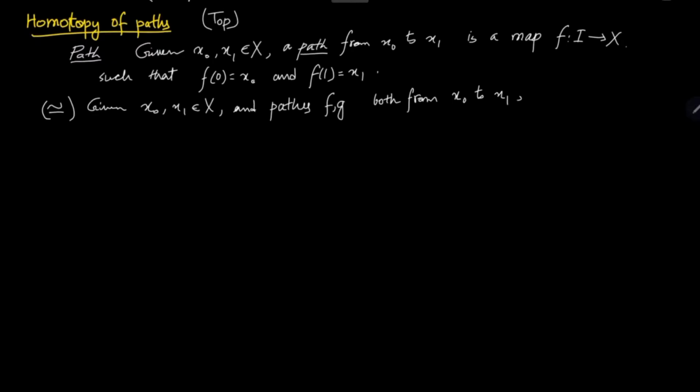What that means in quotes is that f and g are maps from I to X, such that x0 is f of 0 equals g of 0, and x1 equals f of 1 equals g of 1. I know this is not very visible, but I chose that particular color because it is not very visible.